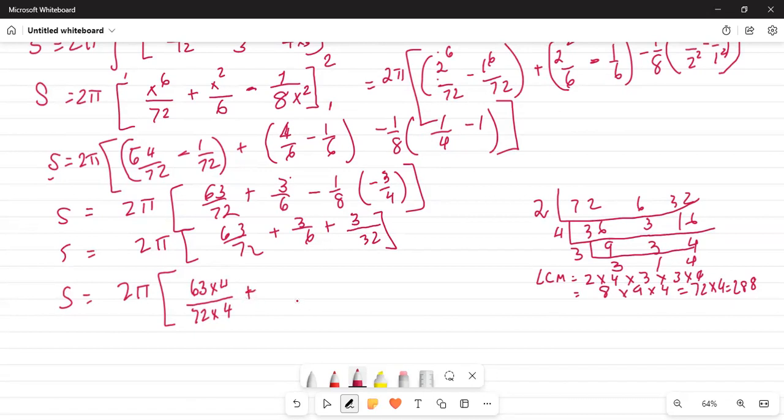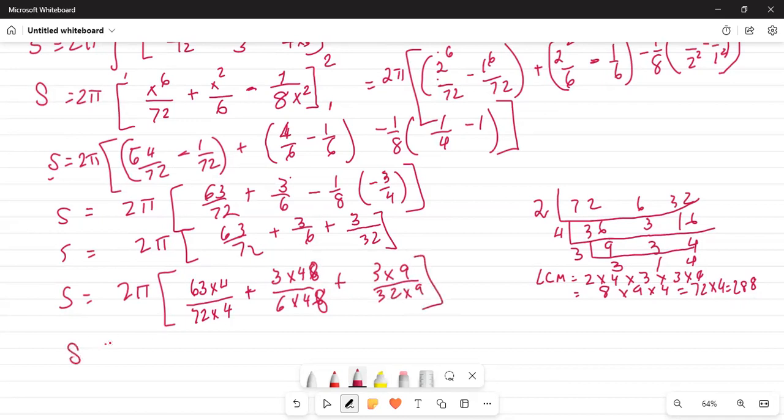Plus 6 goes into 288, 48 times, so 3 times 48. Plus 32 goes into 288 9 times, so 3 times 9 divided by 32 times 9.